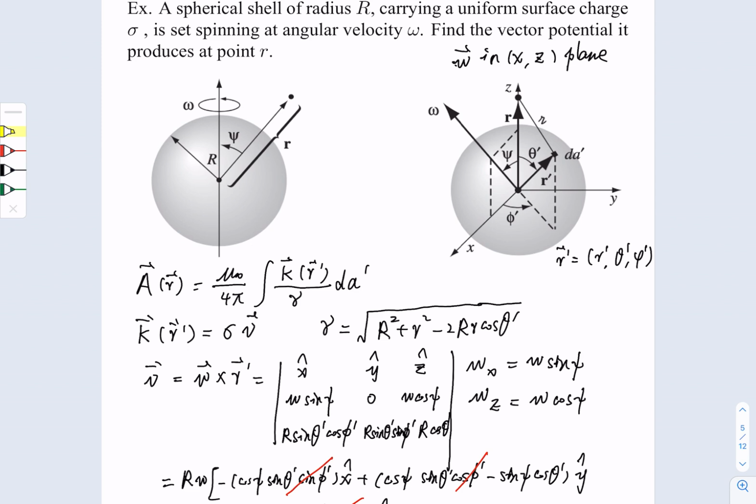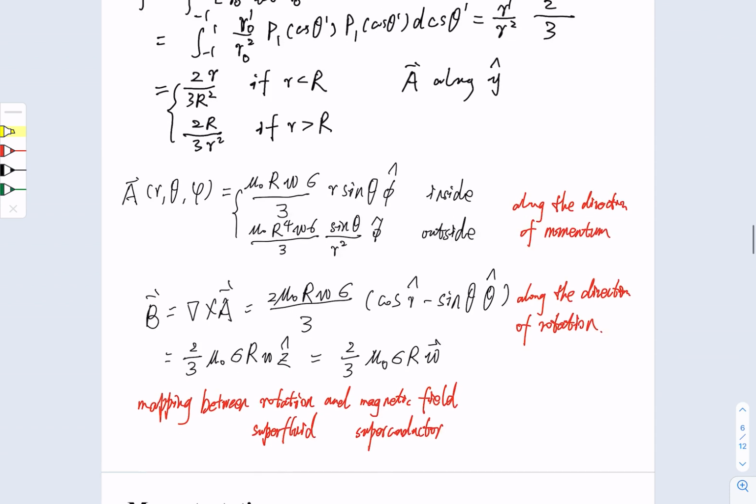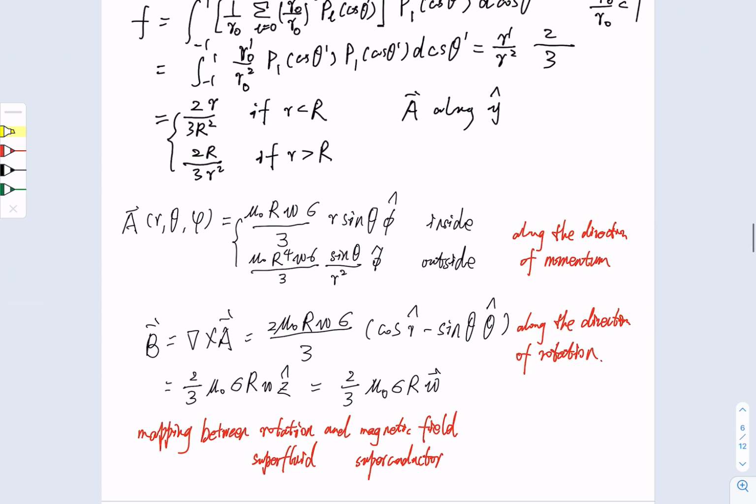So here the direction of y is simply omega cross r, and now we turn this expression into this omega cross r.